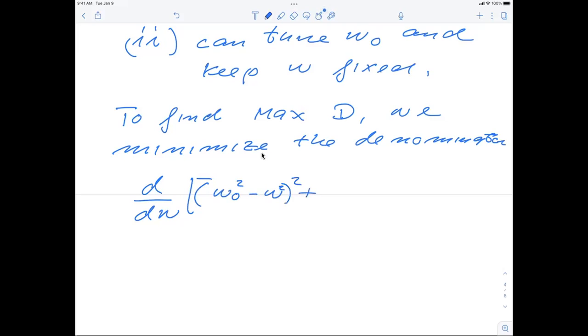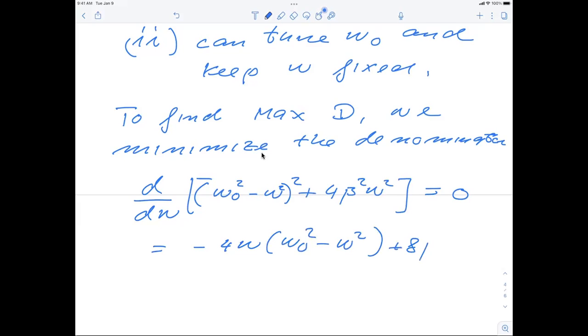Squared plus 4 beta squared omega squared equal to 0. And when we take the derivative, we get minus 4 times omega 0 squared minus omega squared times omega plus 8 times beta squared times omega equal to 0. And then we divide by omega on both sides, and we have assumed that omega is different from 0, because we have assumed that we have a driving force.